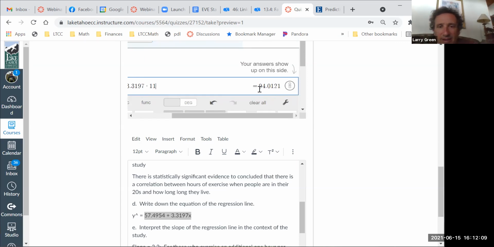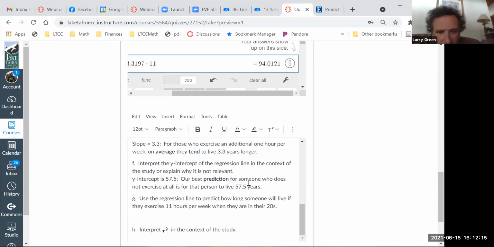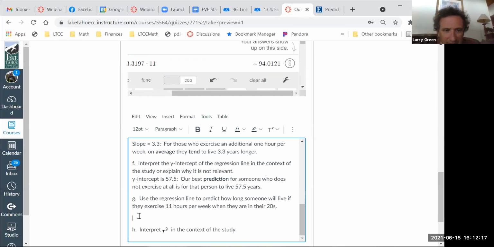And notice it's 94. So if they exercise 11 hours a week, 94 years old. Does that mean that if you make someone exercise 11 hours a week when they're in their 20s, they're going to live to 94?